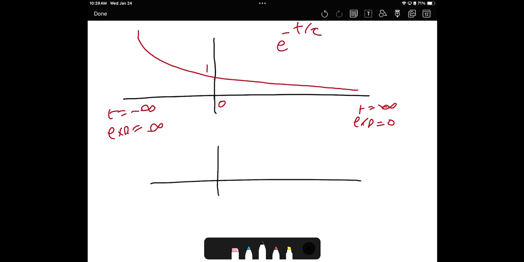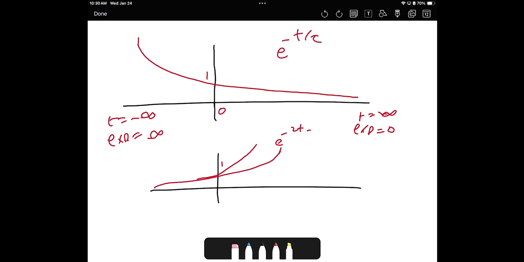So if, for example, you have e power negative 2t, or when we have e power negative 5t, it will be faster.